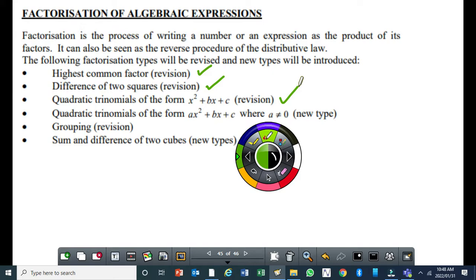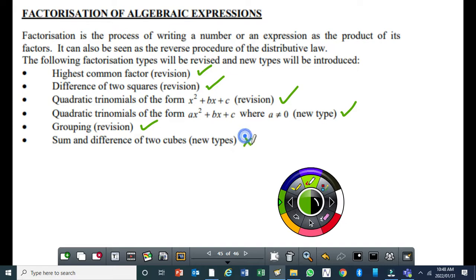There are two types of quadratic trinomials. There are ones with a coefficient of x squared equal to 1, which are easy to factorize. The ones that are more complex have a coefficient of x squared which is not equal to 1. Then we factorize by grouping. You did that as well last year, right?